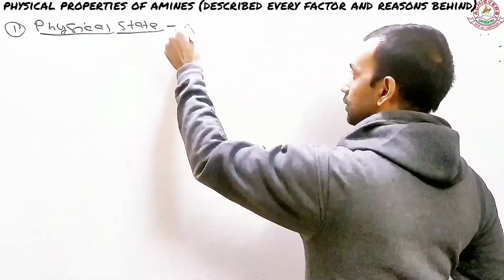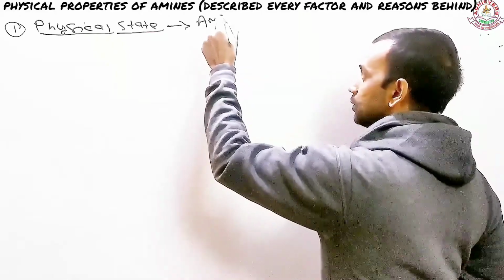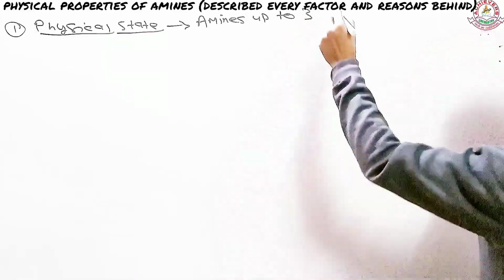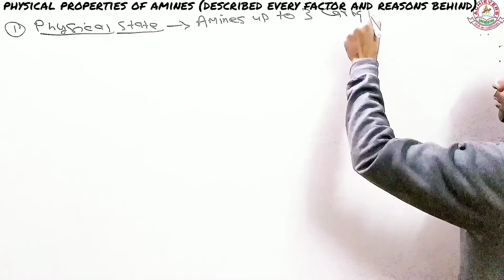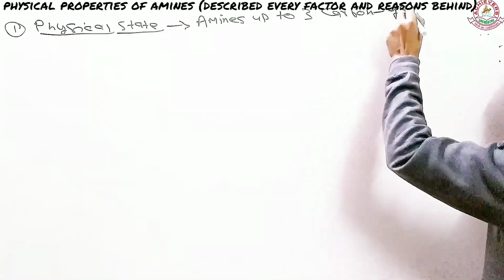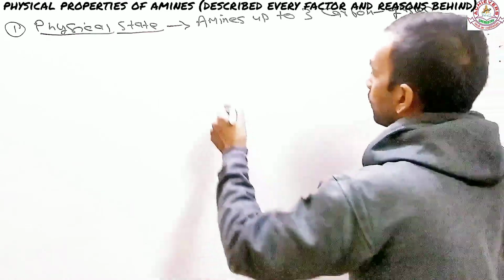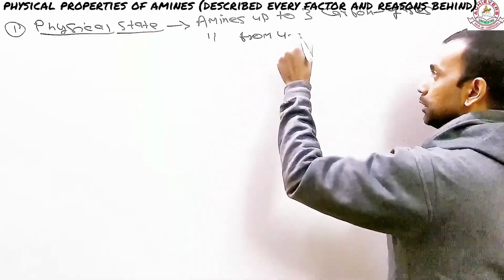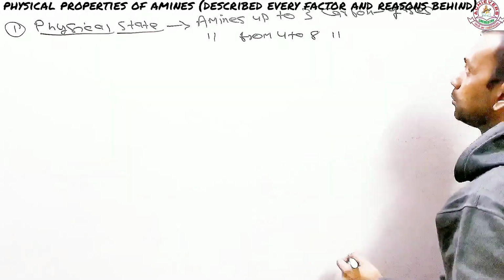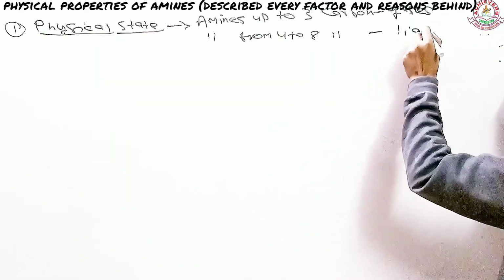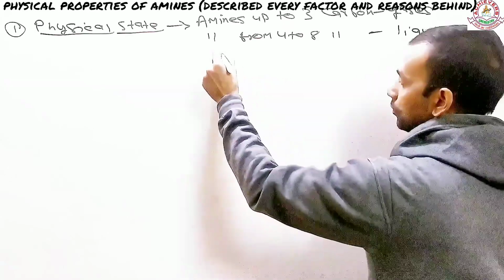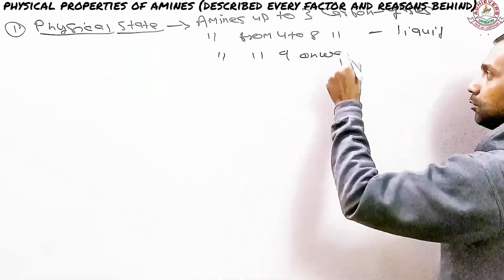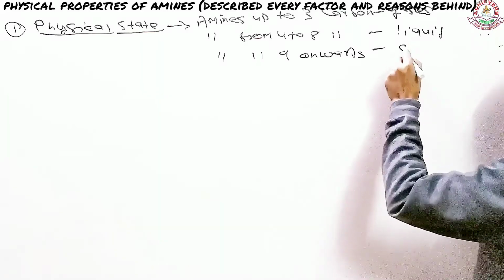What you need to consider here is that amines up to 3 carbon are gases, and amines from 4 to 8 carbon are liquid, and amines from 9 onwards are solid.